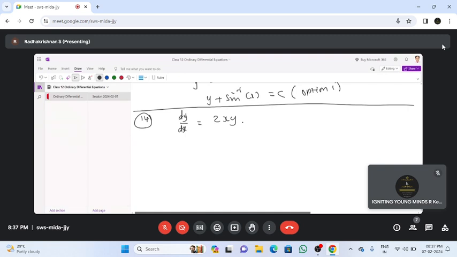So what happens when we separate the variables? dy by y is equal to 2x dx. Very good. We can write dy by y equal to 2x dx.